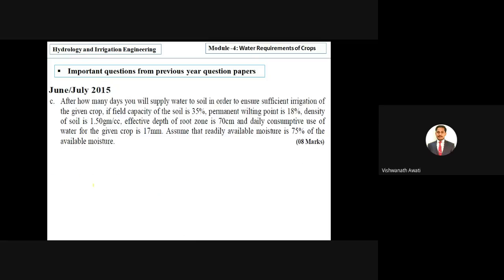Here also they have given all the same data in a sentence format, whatever data is required, and density of soil 1.5 gram per cc. They have given root zone 70 centimeter, and assume that readily available moisture is 75%, which means 0.75 of available moisture we have to consider.